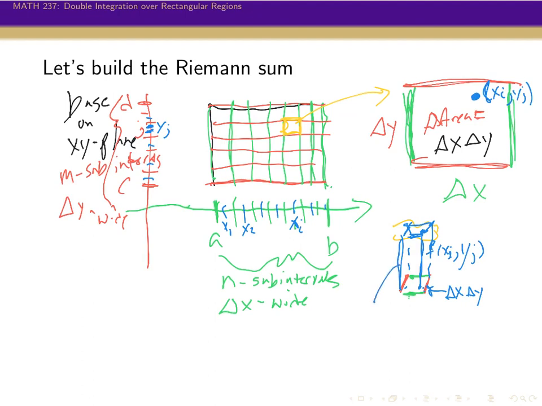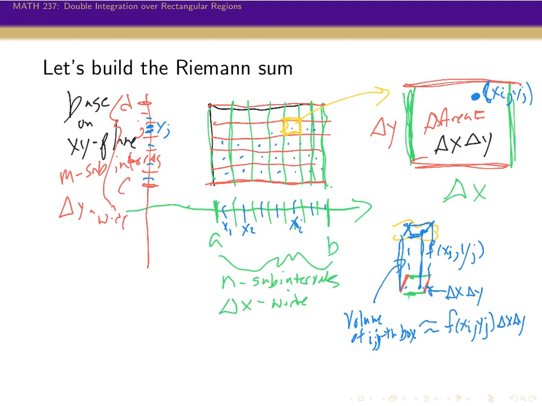And so this little bit of volume over this, let's call it the ijth box, is approximately, take the height, f of xi yj, and multiply it by the area of the base, delta x, delta y. Okay, and now we're going to repeat this over every single square in the region.